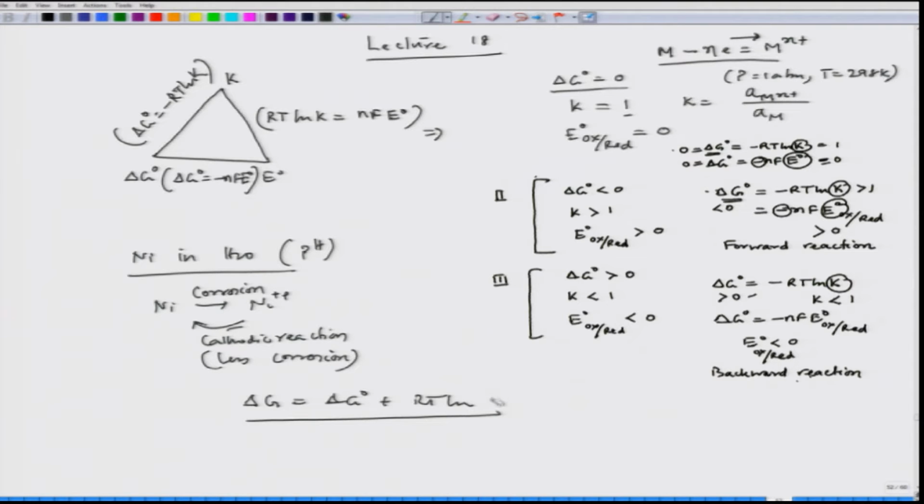Q can be written in the form of activity of M n plus over activity of M. We are talking with reference to this reaction, where we have a non-standard free energy change. Then we have to consider this value: if delta G is greater than 0, that means the forward reaction or corrosion reaction is not feasible.